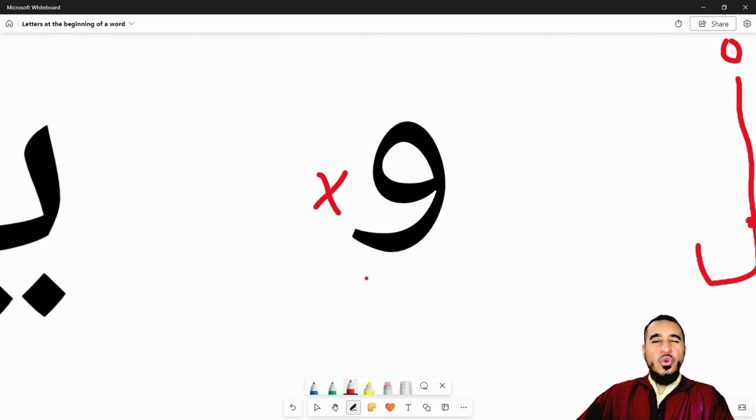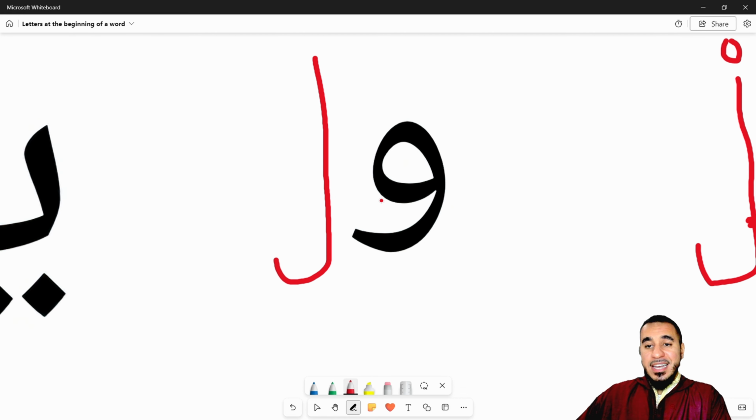Okay, we've seen that all of the letters that look the same when they're either by themselves or at the beginning of a word, then they cannot physically attach to the second letter in the word. So if we used a lam, for example, then it will be like this. It will not physically attach to the waw.